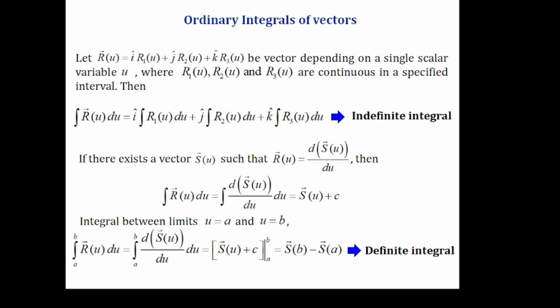The answer is s(t) + c, where c is the integration constant. If we define the upper limit and lower limit, that is the integration from a to b, it gives s(b) - s(a), and then it is called the definite integral.